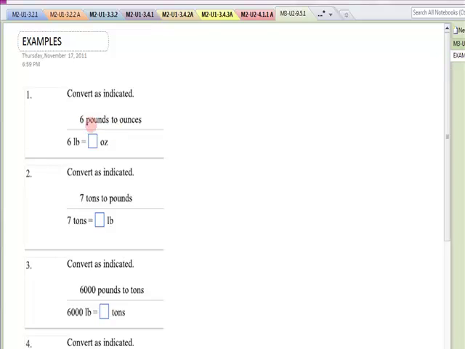All right, the first one, 6 pounds to ounces. All right, fact that we have 16 ounces equals 1 pound. So I like to use abbreviations. So I have 6 pounds is what we start with. Put it over 1. Multiplied by this fraction, by this fact, turn it into a fraction.